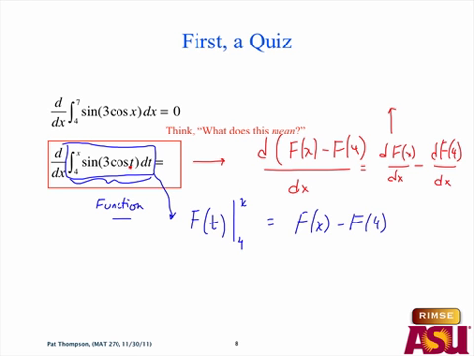Well, it's the rate we started with. Sine of 3 cosine x. What's the rate of change of that accumulation function evaluated at 4? 0. It's a constant. Is that what you're saying, Will?